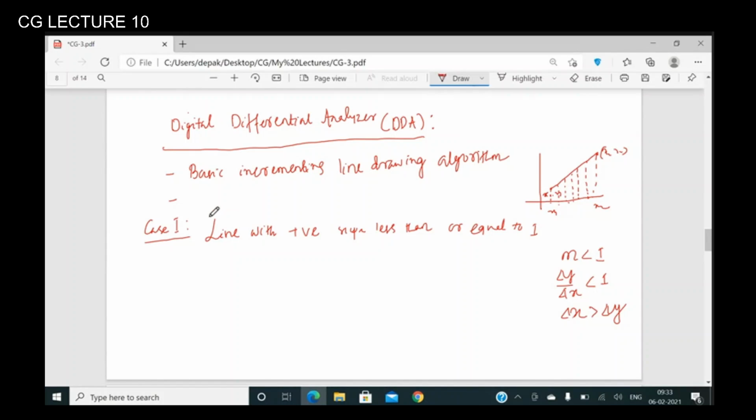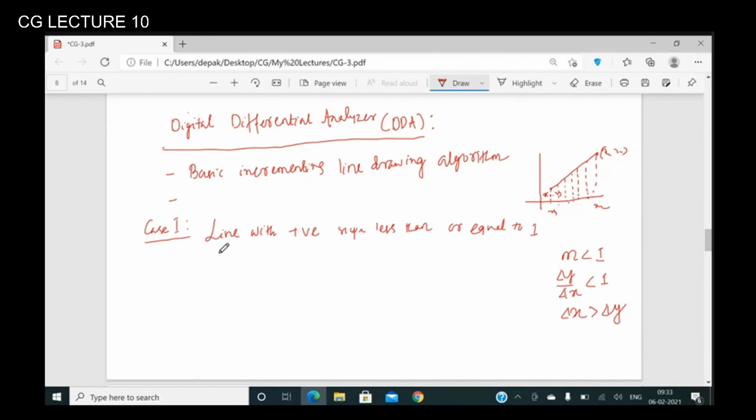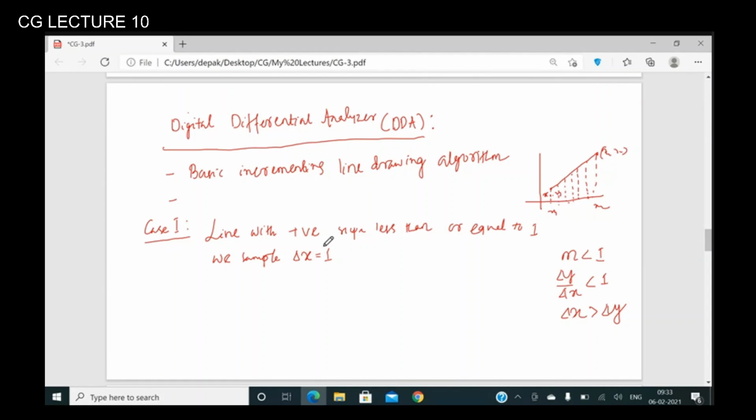So in this type of case, where del x is greater than del y, we sample del x equal to 1. That means we will increment the x value always by 1 in this situation, and accordingly we will calculate the y value, right?